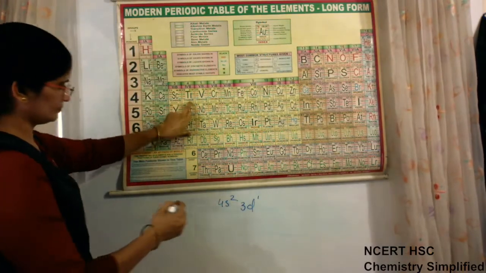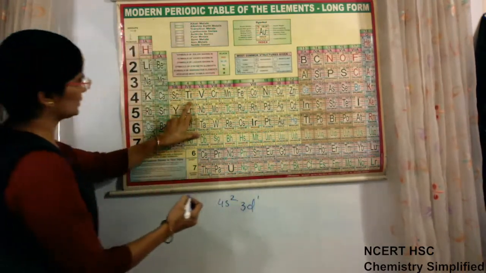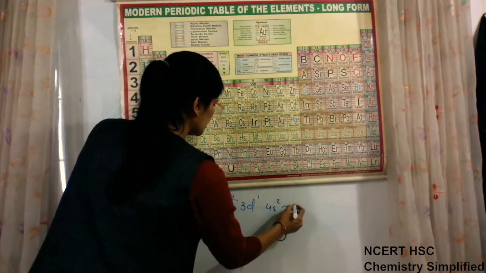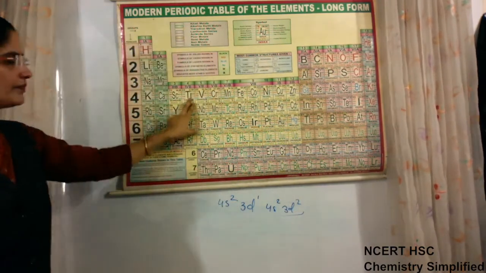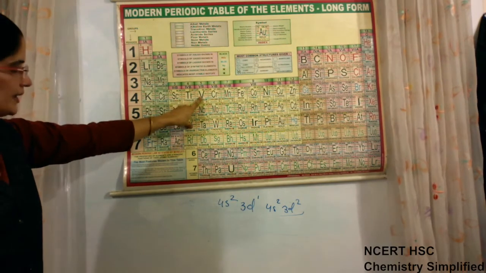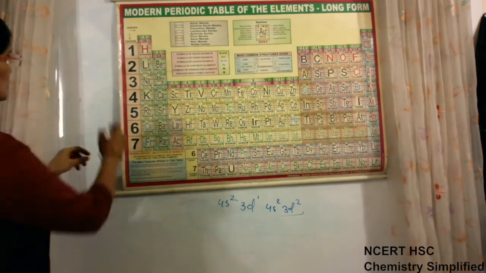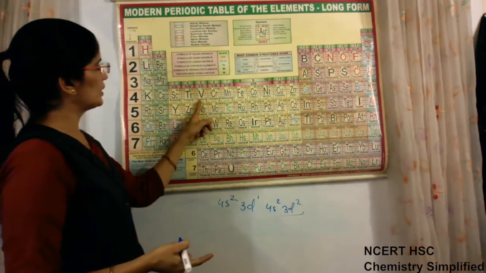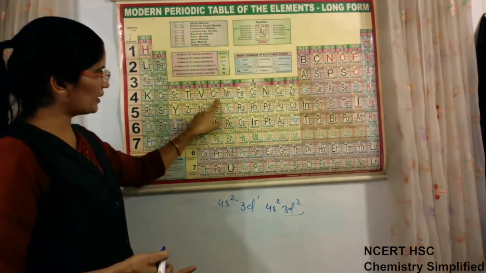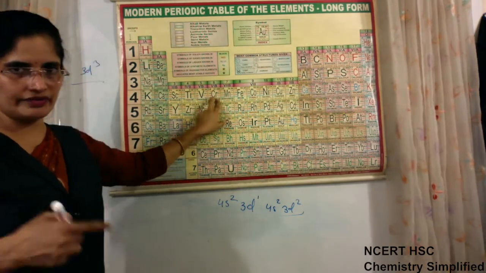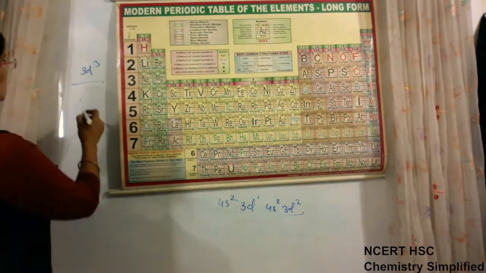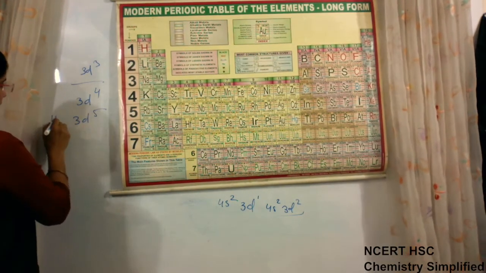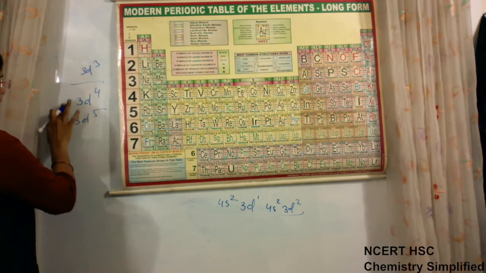Then titanium, that is 22. So it is 4s2, 3d2, incompletely filled d orbital. Vanadium, what will be its configuration? 3d3, again incompletely filled d orbital. Chromium, 24. We discussed its electronic configuration, that instead of 3d4 it is 3d5, and instead of 4s2 it will be 4s1.